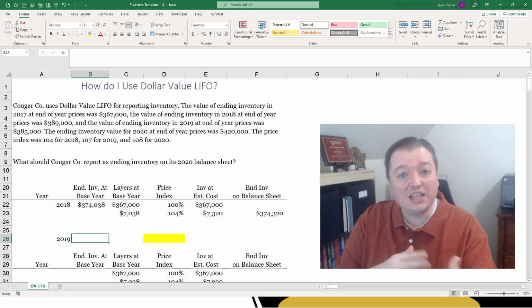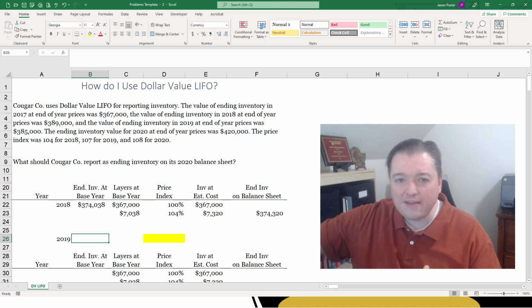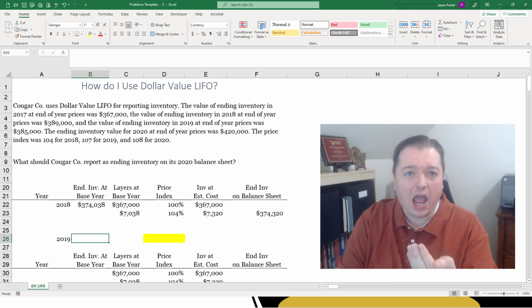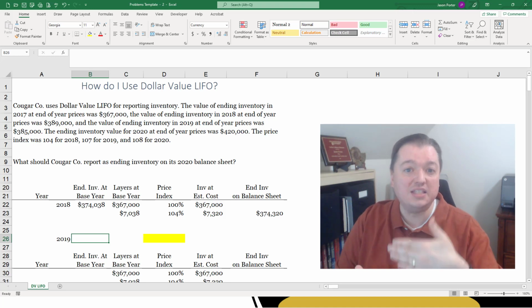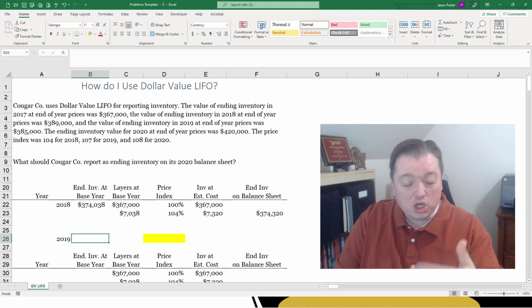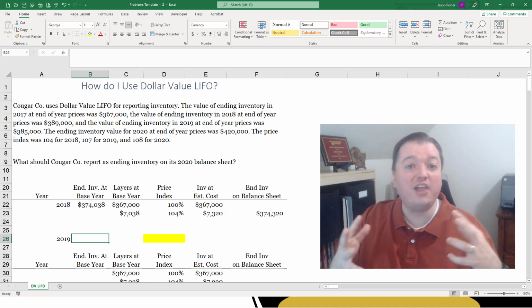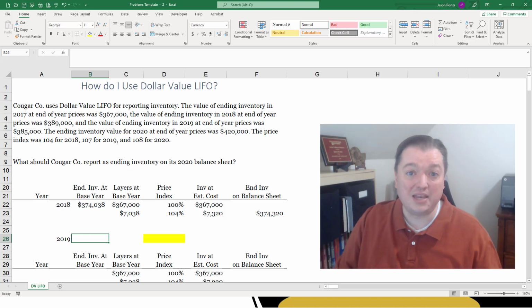And once we know the relative size, not worrying about inflation or actual costs, but just how big was this layer, how big is the next layer, then I get an actual signal of what the company has done each year in regards to inventory. And once I know that, then I can reinflate back to what I really did spend.